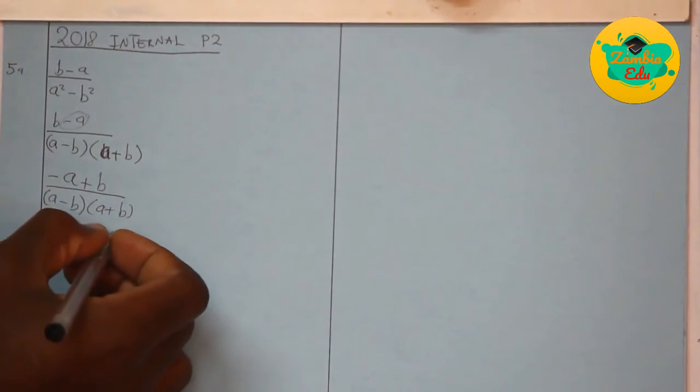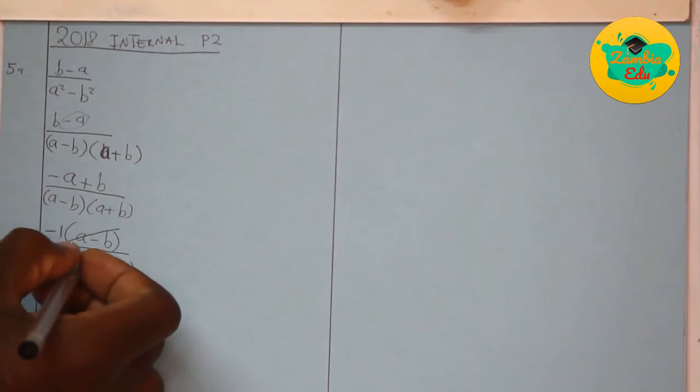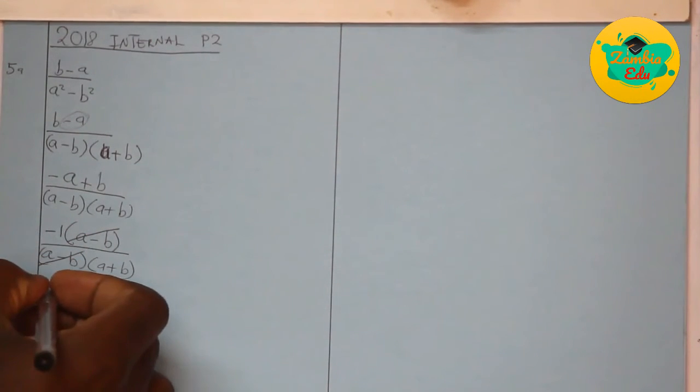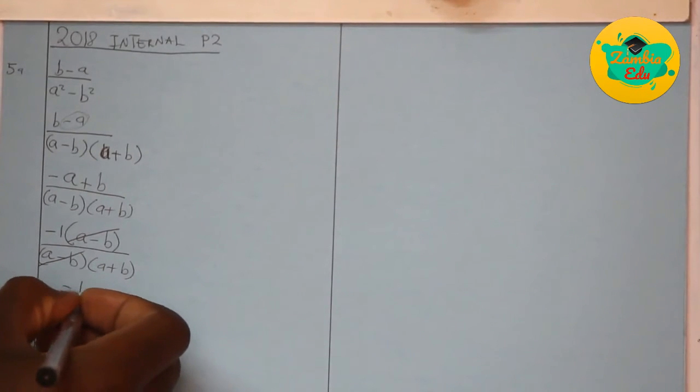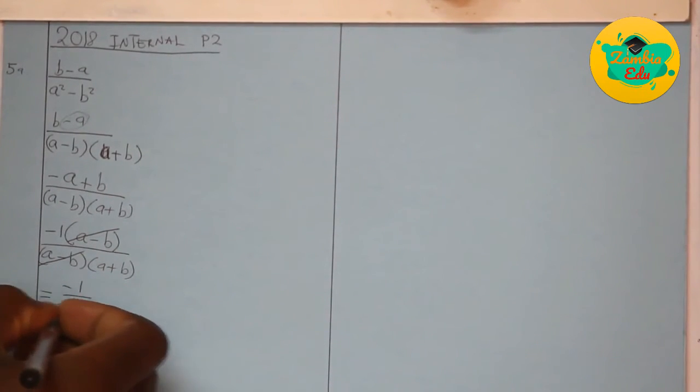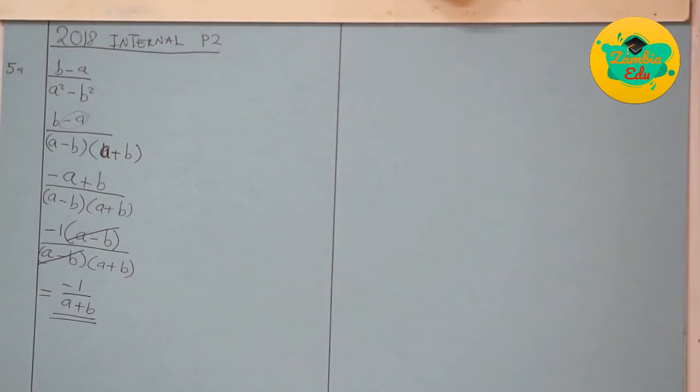If we do that, we can say that and that is common, so we have our answer being negative 1 over a plus b. That is our final answer. Next question under 2018 internal.